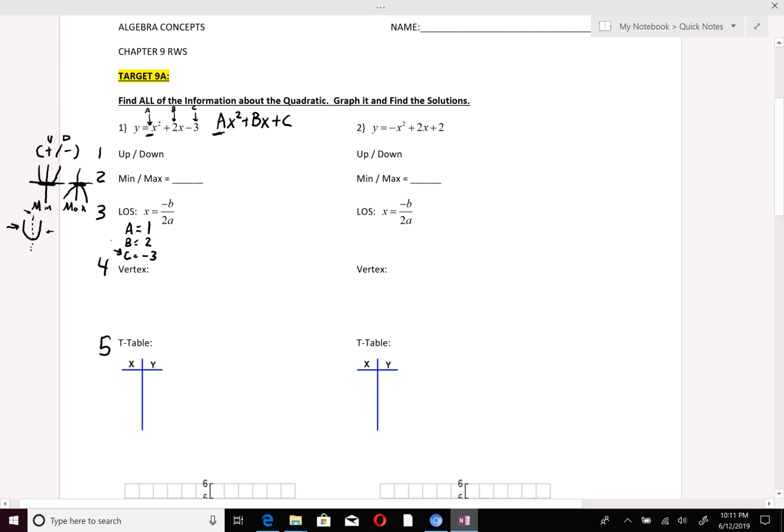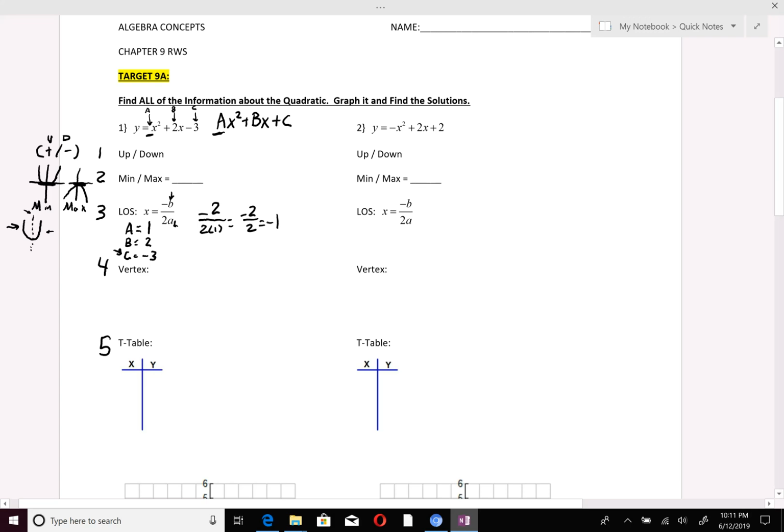And so the line of symmetry, if we were to set this equation up, we would put the B here and the A there. So it would be negative 2 divided by 2 times A. So 2 times 1 is 2, so negative 2 divided by 2, which is a negative 1.